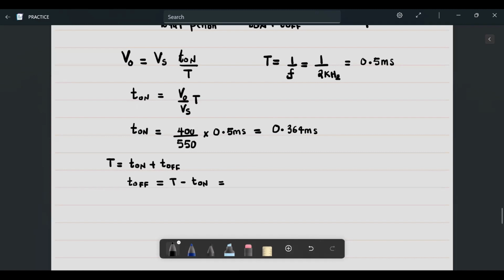So this will be 0.5 minus 0.364. So 0.5 minus that, you're getting 0.136. That is T off.